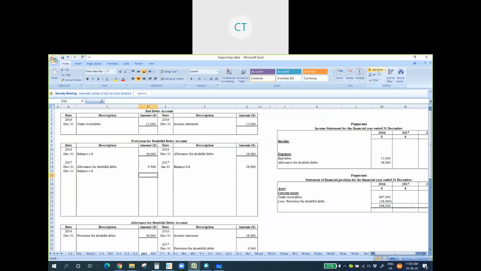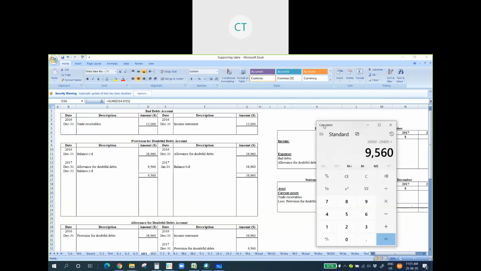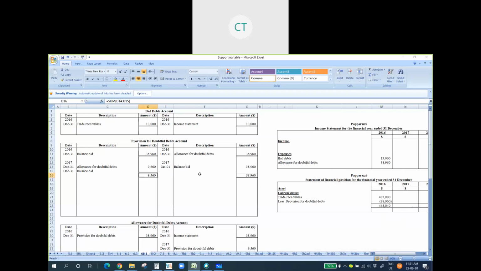Here. My credit is 38960. My debit is 9560. So what's the difference? 38960 minus 9560, so we get 29400.